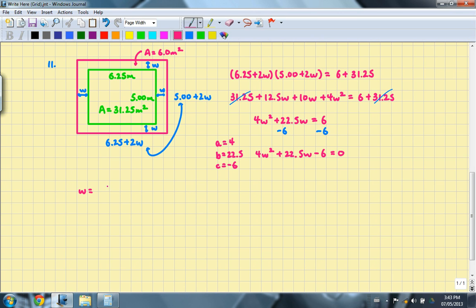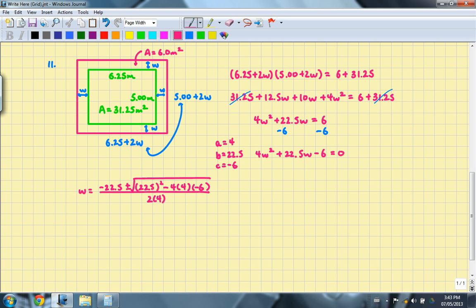Okay, that's better. So negative 22.5 plus or minus the square root of 22.5 squared minus 4 times negative 6, which hopefully results in a nice number, and then we divide that by 2 times 4.